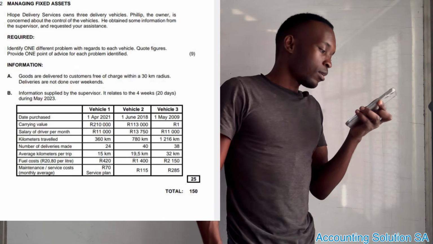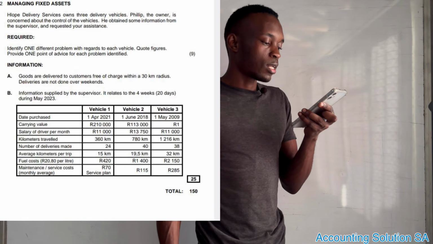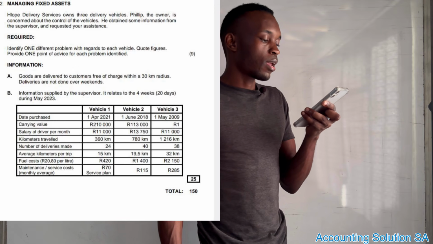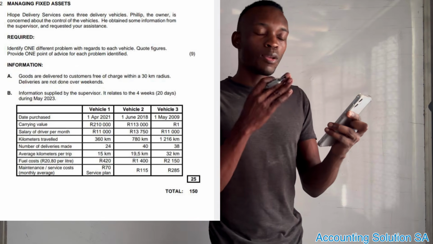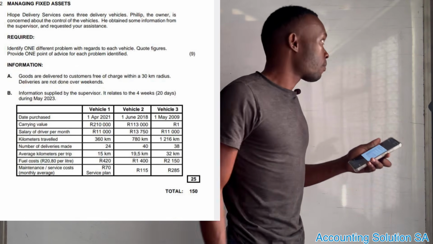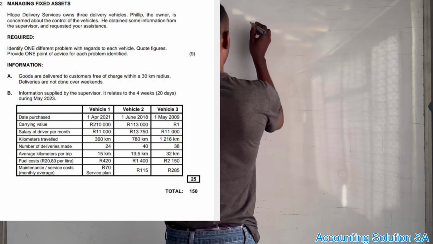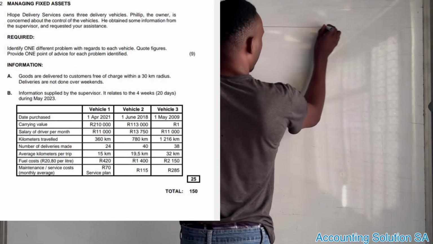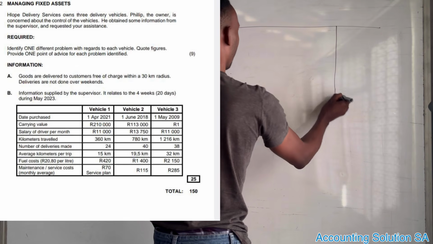A. Goods are delivered to customers free of charge within a 30 kilometers radius. Deliveries are not done over the weekend. Information B. We have vehicle 1, 2, 3. We have to identify problems from these vehicles. Let me draw the table that was given in the answer book.